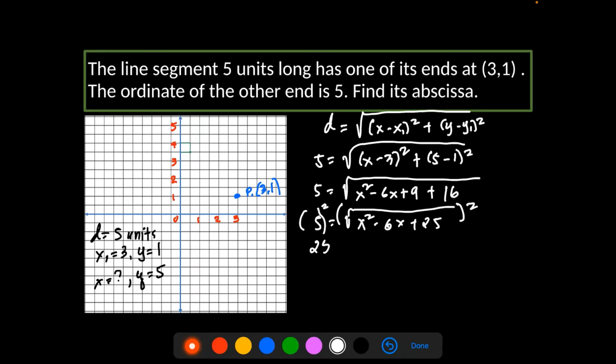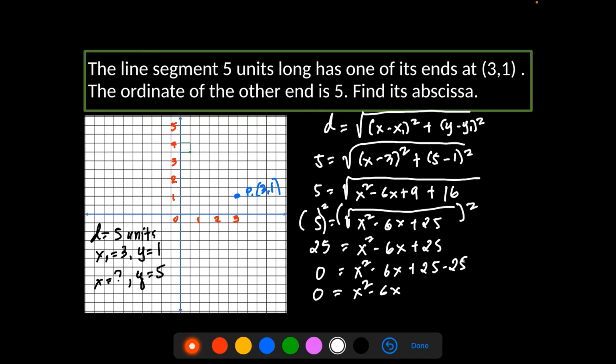So this will give us 25 equals x squared minus 6x plus 25. Okay, so we will have x squared minus 6x plus 25 minus 25, and 25 minus 25 is 0, so we have 0 equals x squared minus 6x.